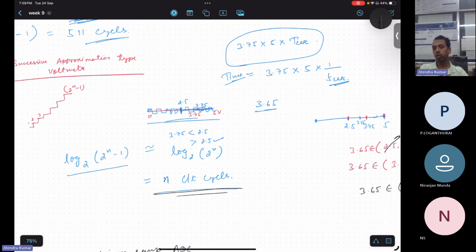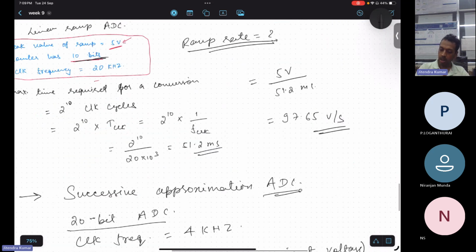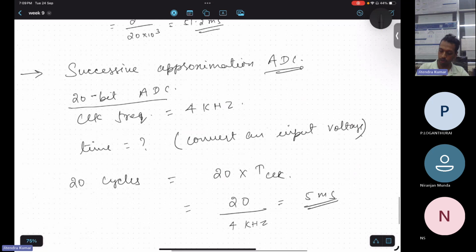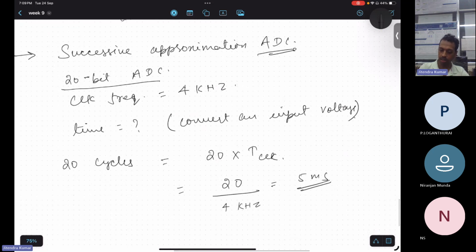That is why from 2 raised to power n clock cycles, it has been reduced to n clock cycles. I just used that concept for the 20 bit ADC mentioned here. So for that 20 bit ADC, 20. Okay, you got it. So that was about successive approximation register.